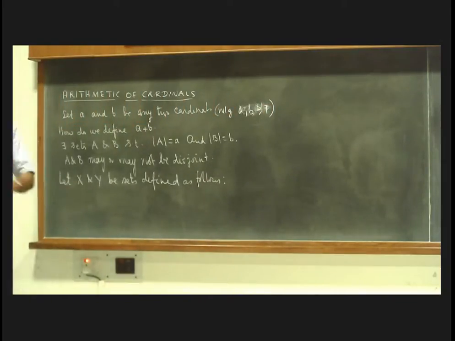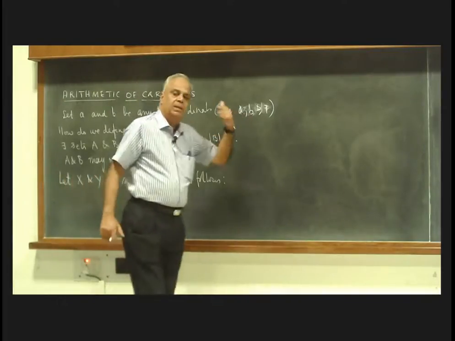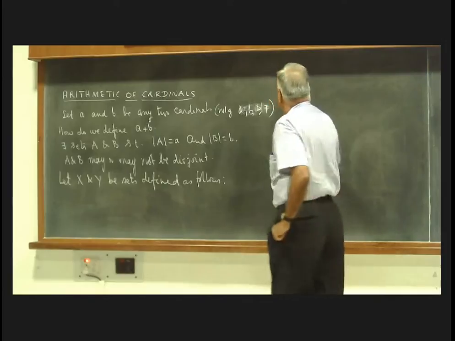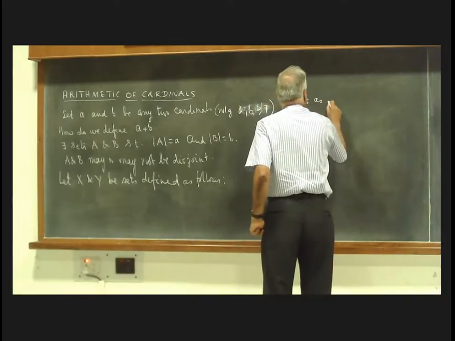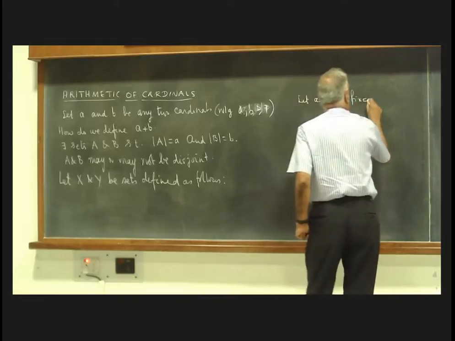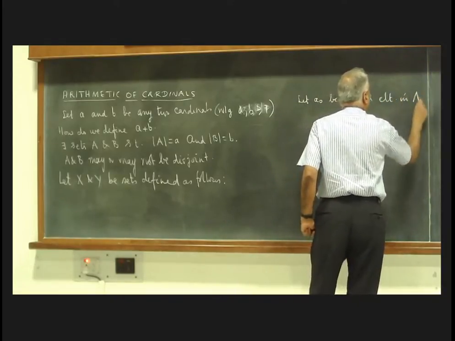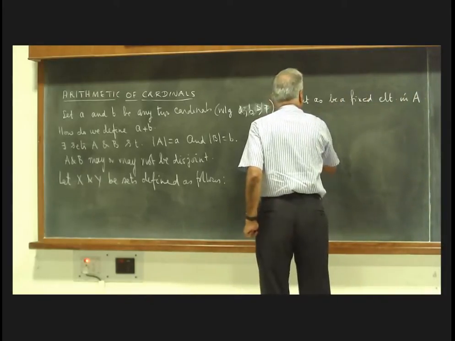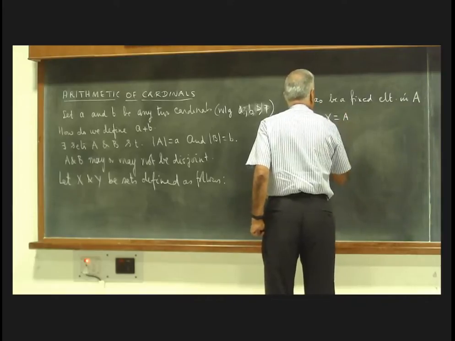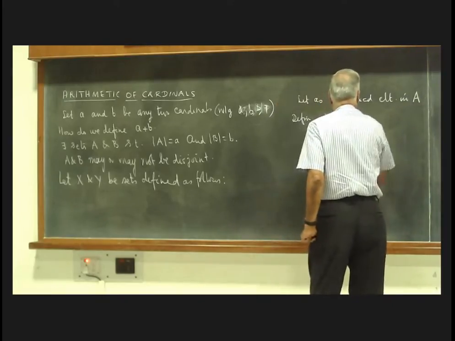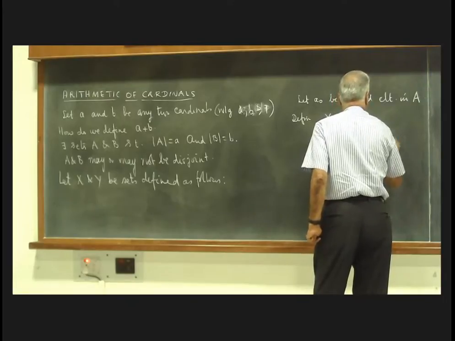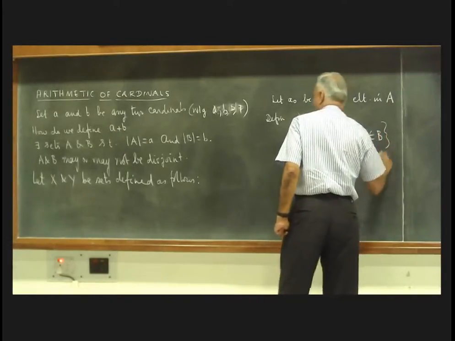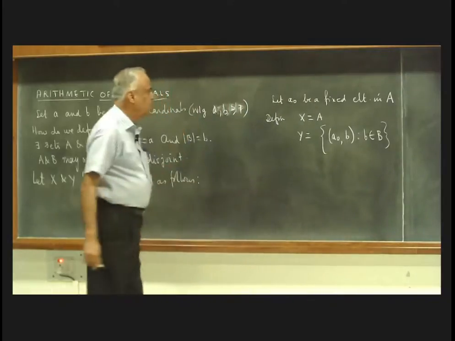Okay, we are now going to define two sets X and Y starting from this A and B as follows. Because there is at least one element in A, let A naught be a fixed element in A. Then define X to be equal to A, and Y to be the set of all (A naught, b) where b belongs to B. I should not use B, but anyway, I use B for something else.